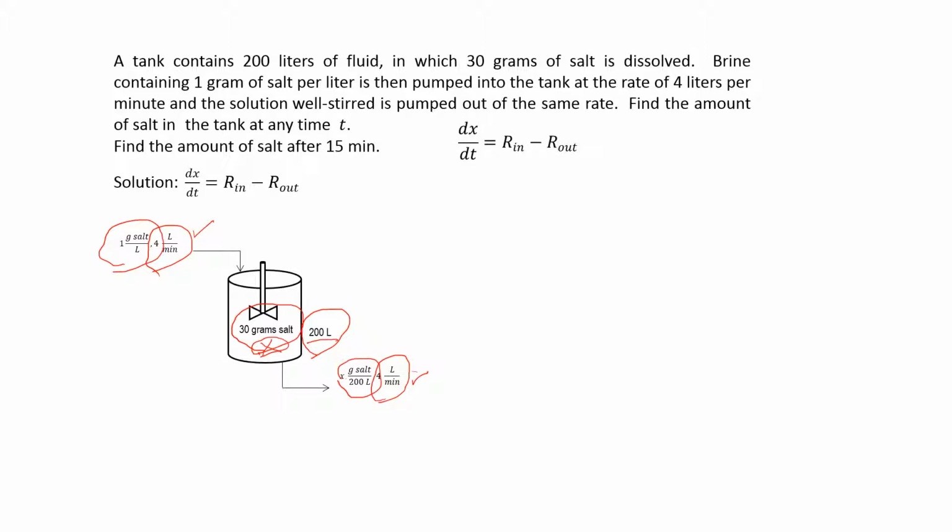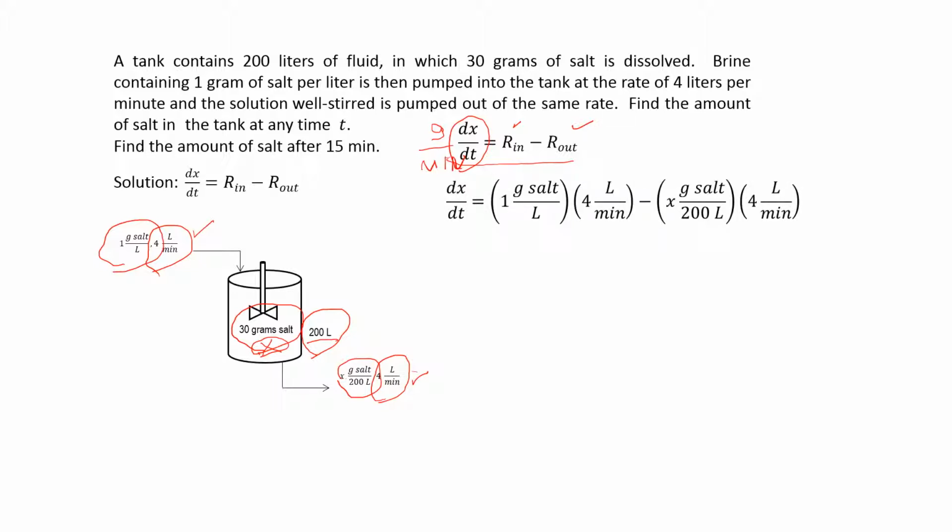Okay, this is our formula: dx/dt is equal to the rate that is coming in minus the rate that is coming out. Look at the units. Our x is in grams and our time is in minutes, so the units of R in and R out must also be in grams per minute.